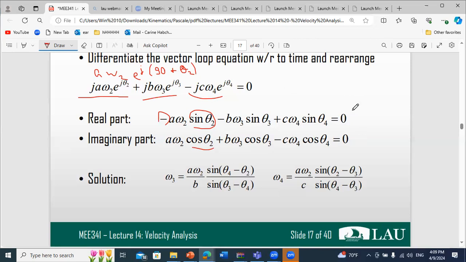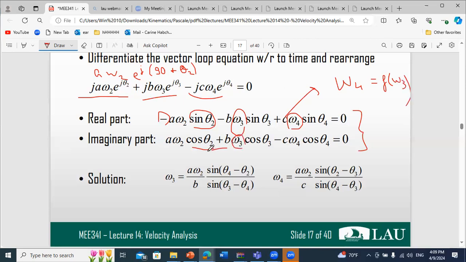And now you get two equations with two unknowns. The unknowns are the angular velocity omega 3 and the angular velocity omega 4. So you have a coupled system. You can express, for example, from this equation, omega 4 as a function of omega 3. And then you substitute back in equation 2. The only unknown then in the second equation will be omega 3.